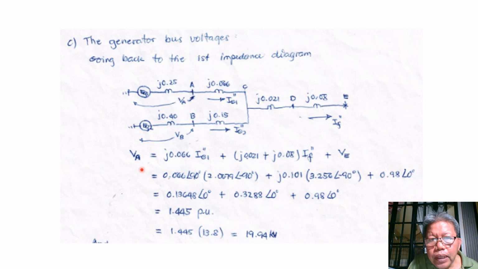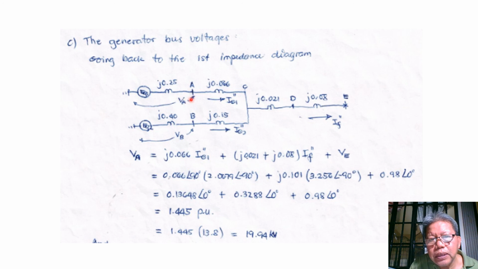V sub A, by the way, because we are not given the voltage of our generator, we are only given the actual voltage at the point of fault. So therefore, we have to calculate V sub A using this information at the fault point.